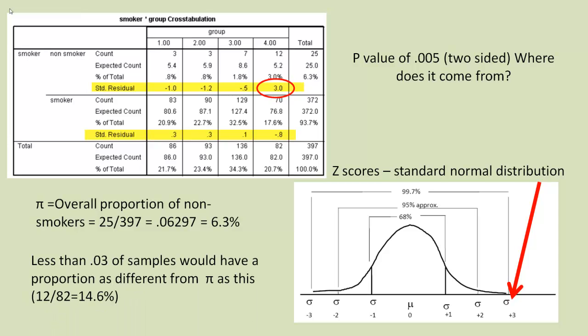So we're saying that less than 0.03% of samples would have a proportion that's different from our 6.3% if they were just random samples from a population with a proportion of 6.3% of non-smokers, which makes sense, because if you look, we have in our 4th group 14.6% of non-smokers compared to 6.3%, which is over twice as many.